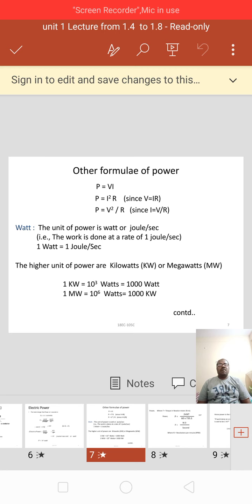So 1 megawatt equals 10 power 6 watts, that is equal to 1000 kilowatts. 1000 kW means 1000 into kilo, again 1000. So 1000 into 1000 is nothing but 10 power 6. Simply we write it as 1000 kilowatts or 10 power 6 watts.